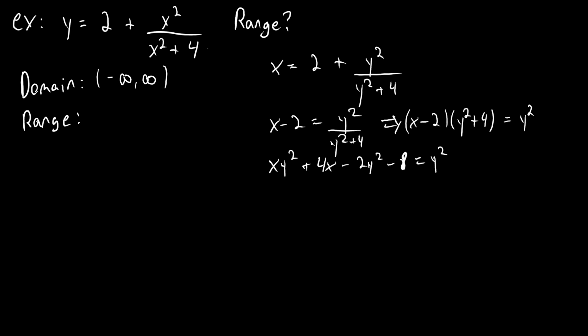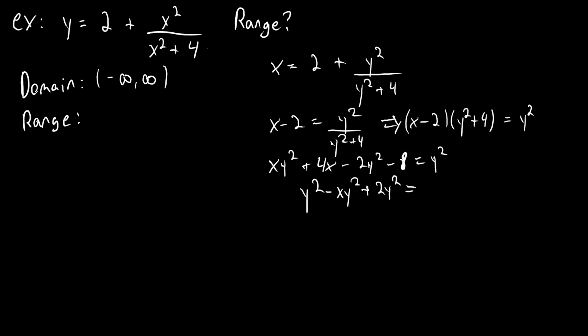Okay, and I want to get all these y's on one side. I don't like having x's and y's on one side when we're trying to solve for y. So let's combine all the y's onto one side. So that would be y squared minus xy squared. I'm just going to move it to the left here. Minus xy squared, and we have this plus 2y squared.